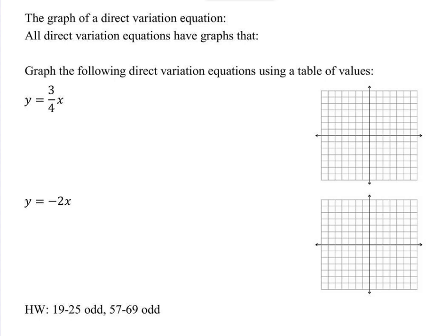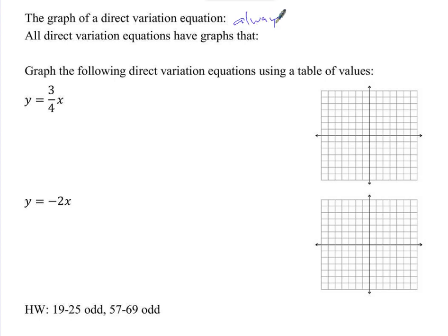All right, the last little bit for this section. The graph of a direct variation equation. Do we remember this from Algebra 1? No, but we are talking about graphs. The graph of a direct variation equation always does something in particular.